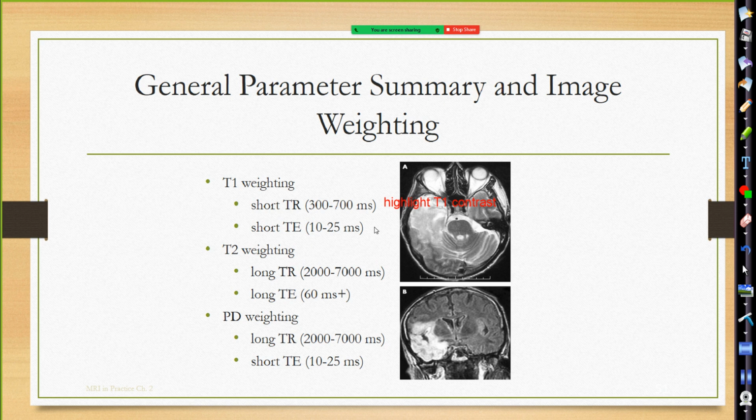What do you think? To highlight or diminish T2? Diminish. How do you spell that? It's DI, IN, ISH.